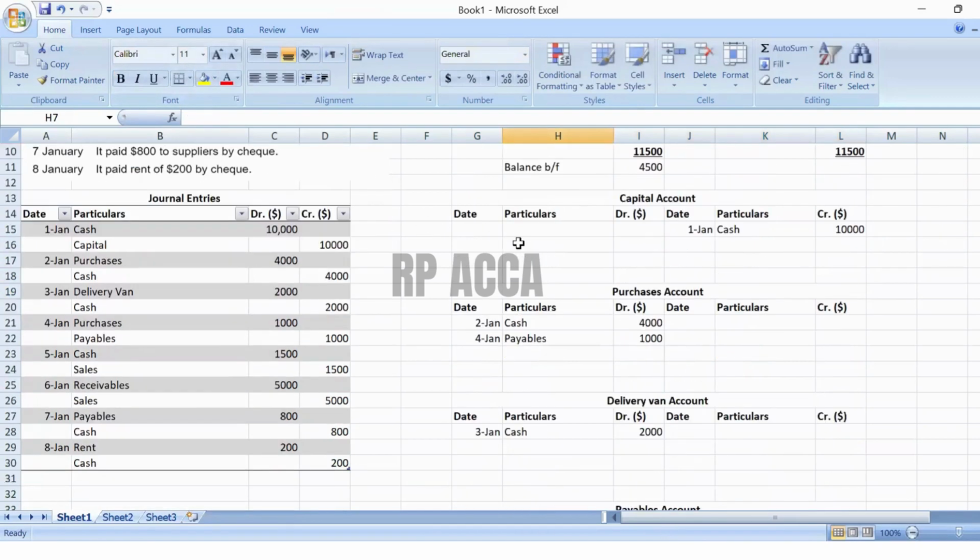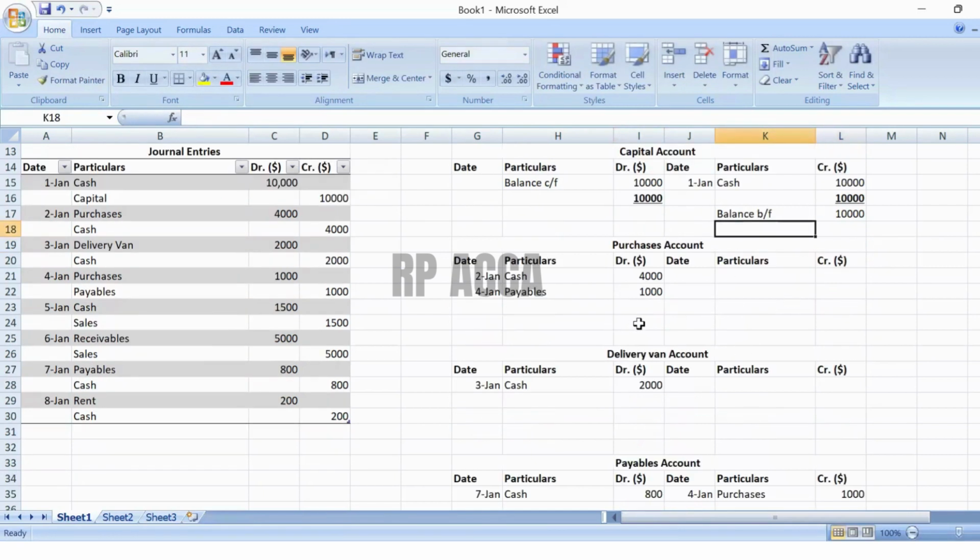Up next, we have capital. There's nothing on debit side. It's taken as zero. So, full credit side balance is considered as balance carried forward. Now let's do similarly for other accounts as well.